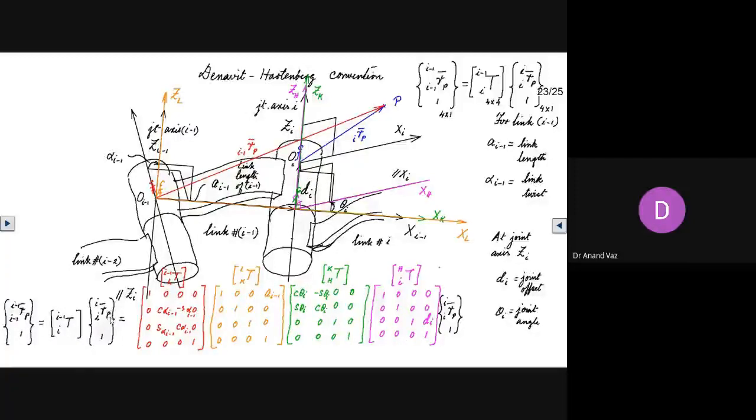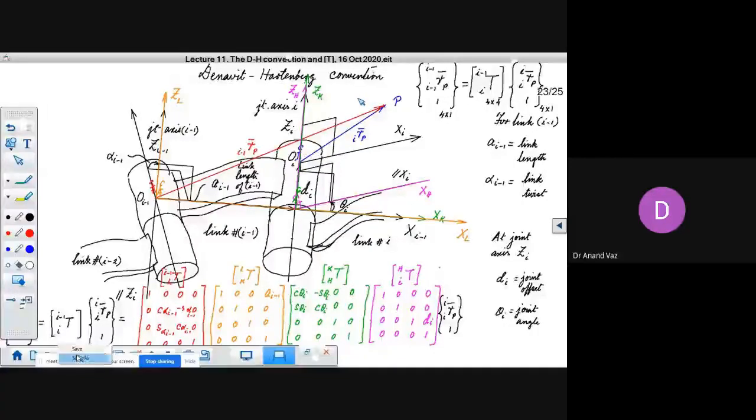I want all of you to do the multiplication now, or maybe you can do it as a part of your homework, and verify for yourself what expression you are getting.